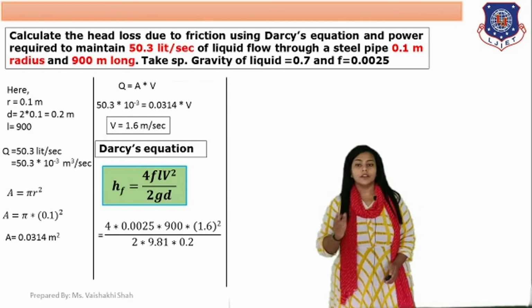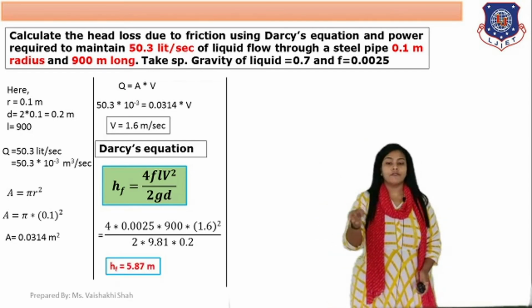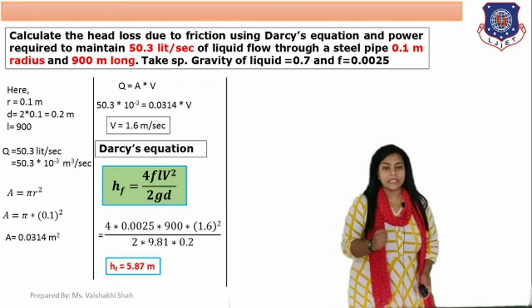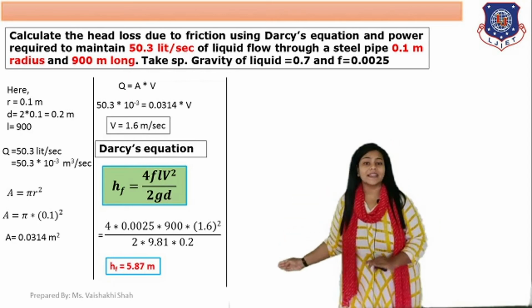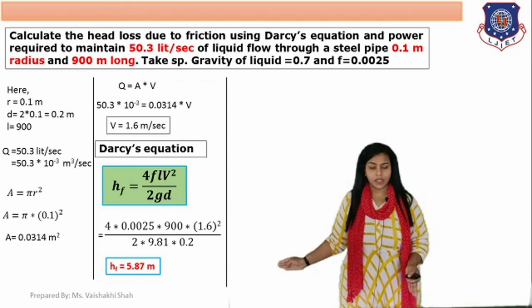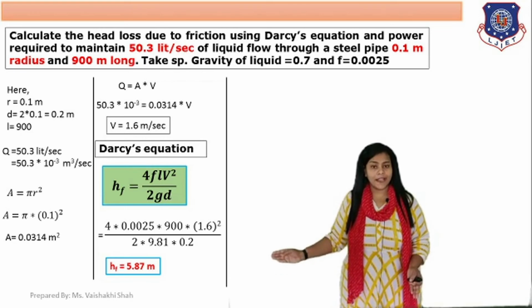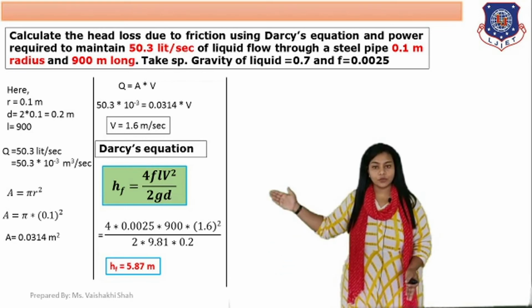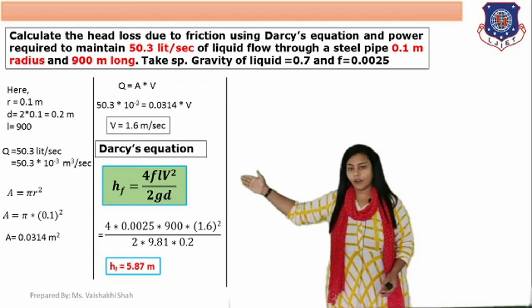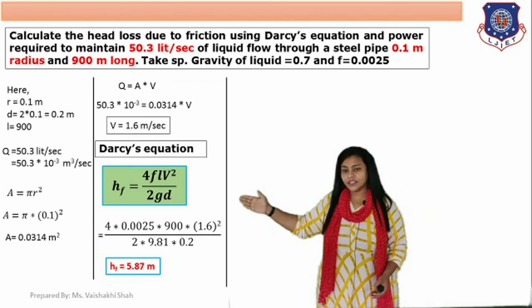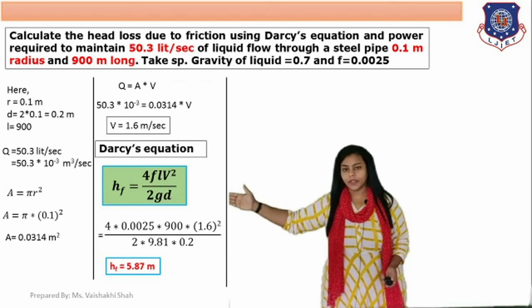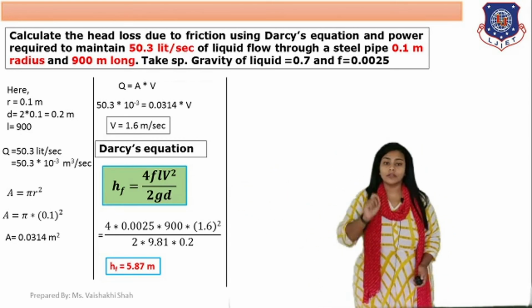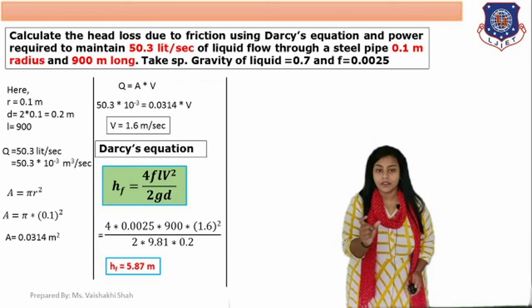So your HF is 5.87 meter. This HF is your head loss by Darcy's equation. Clear? We have all these values and we just put them in this equation. Now we also have to find the power.